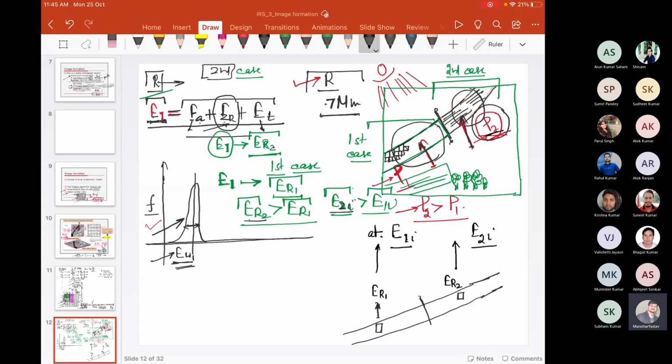Now let me know, can you see the screen? Yes, sir. There may be some time lag if I write a sentence. If I write a word, that might appear at your end after a few seconds. So hopefully you can see the schematic where I mentioned ER1 and ER2, then corresponding to ER1 the energy at the sensor is E1I, and corresponding to ER2 the energy at the sensor is E2I.